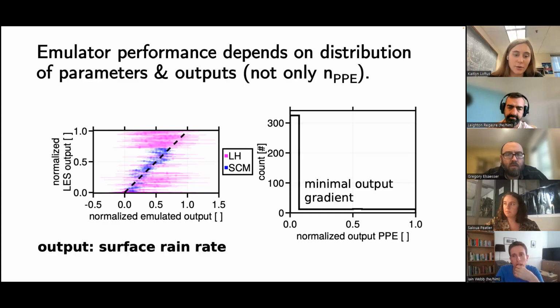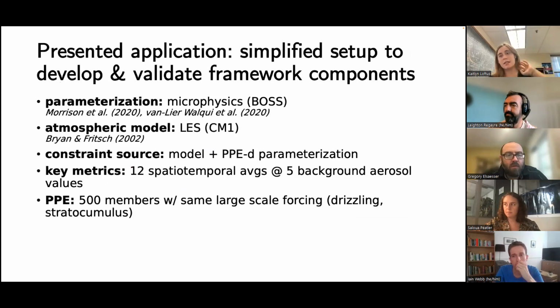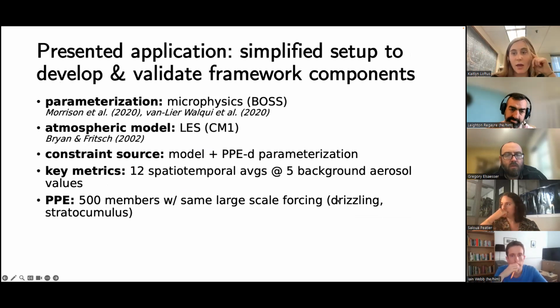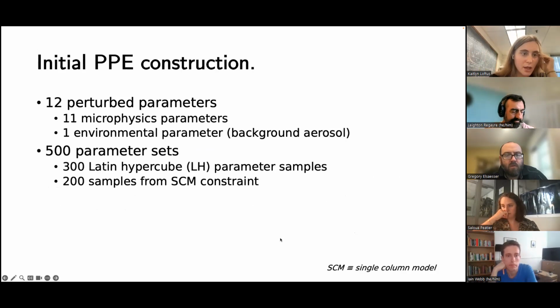Yeah, for sure. So let me just go back. Basically this is a first step. We're only considering one dynamical forcing or one meteorological setup of drizzling stratocumulus, but that's something we're going to expand upon moving forward to have different meteorological forcings.